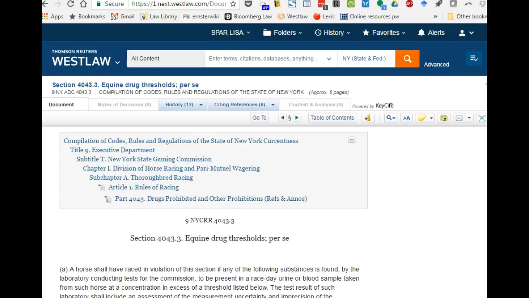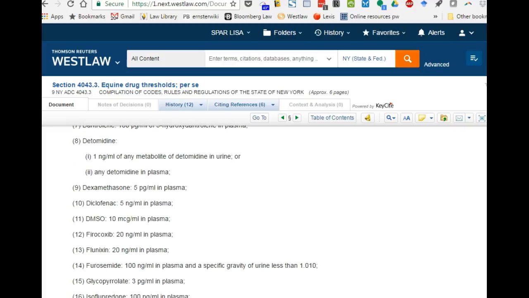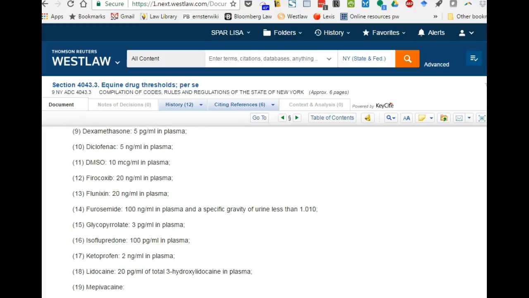I'm at the reference desk and in comes an attorney who needs some help. He is trying to find the regulation from 2014 having to do with the acceptable amounts of a particular kind of drug.